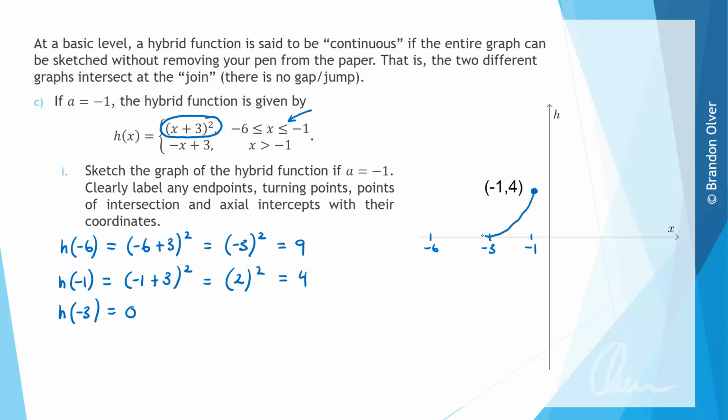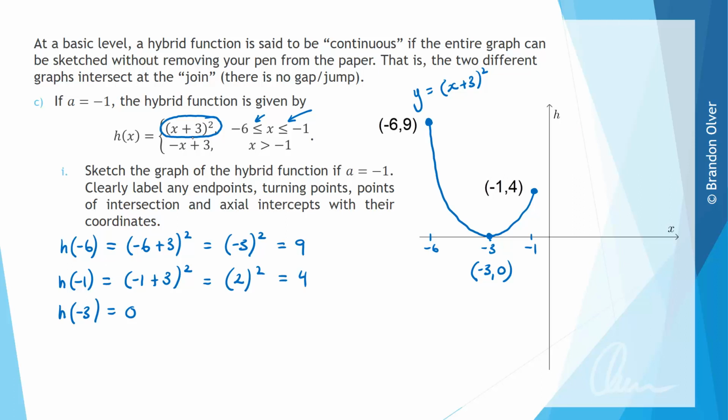And then it goes through that point and then up as high as 9 up here. And that point's also included, so it's a coloured in dot because of the inequality symbol here. So that's the parabola with a rule y equals x plus 3 squared. Now just to finish this off, that turning point has a coordinate of -3, 0.